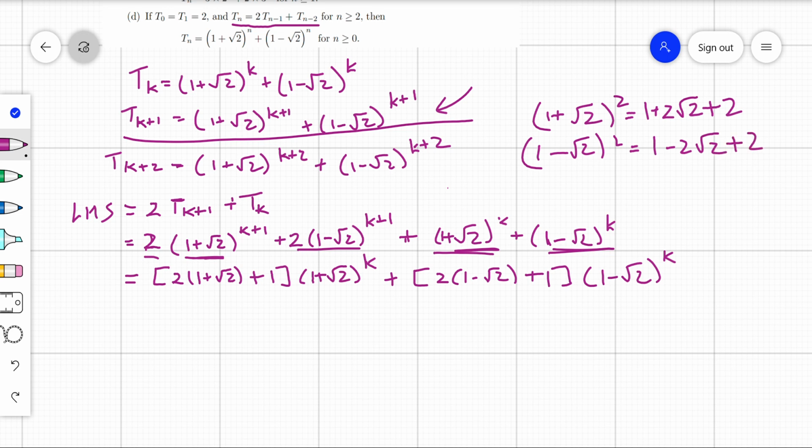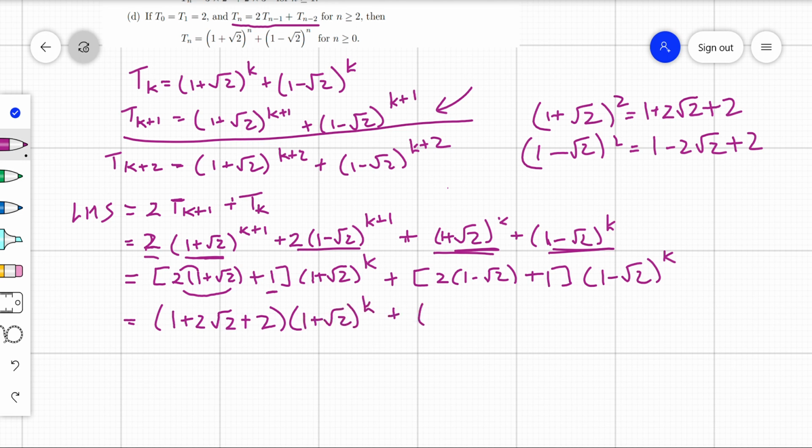So do we have that in these brackets? You can see we've got 1, so let's put that first, then 2 root 2, and then we've got 2 here, so plus 2. So we do have what we're looking for.